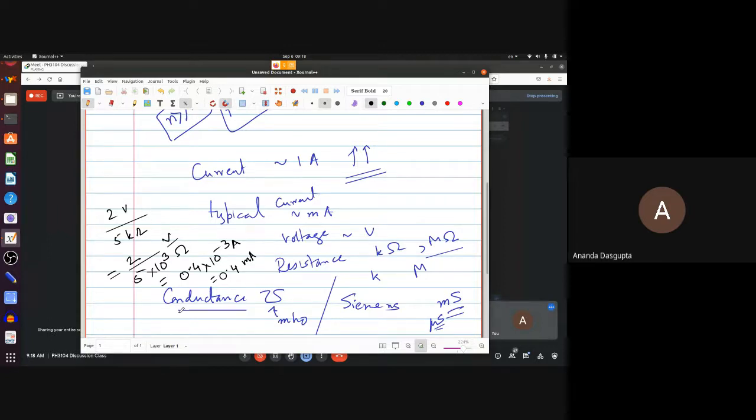Because you have to realize that volts divided by kilo ohms is milliampere, which is actually more important for an electronic circuit than volt divided by ohms is an ampere. And volt divided by mega ohms is a microampere. These two things should be automatic. You shouldn't need to go through powers of 10 to get there.